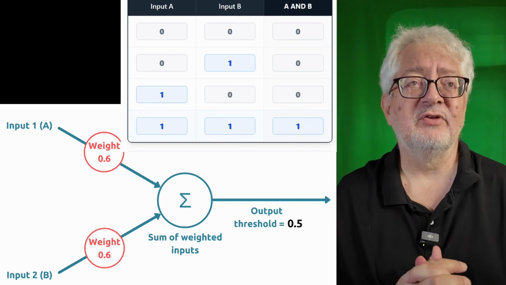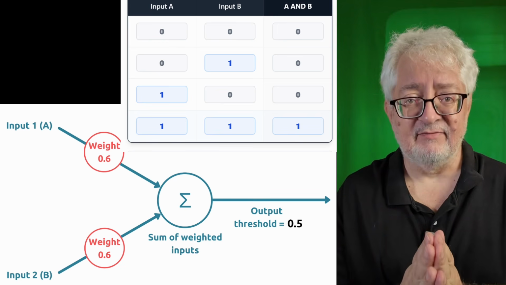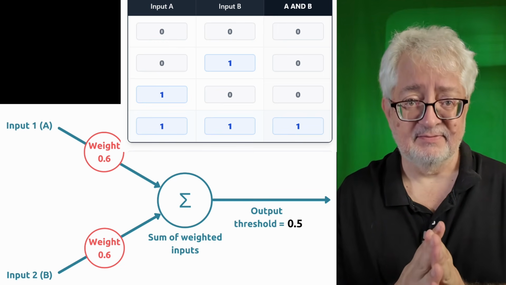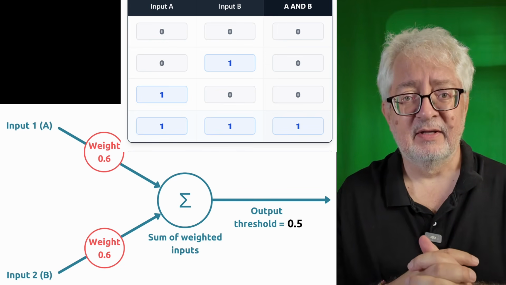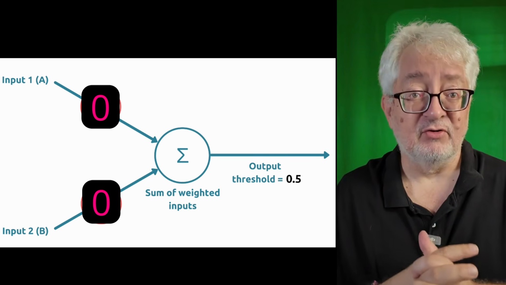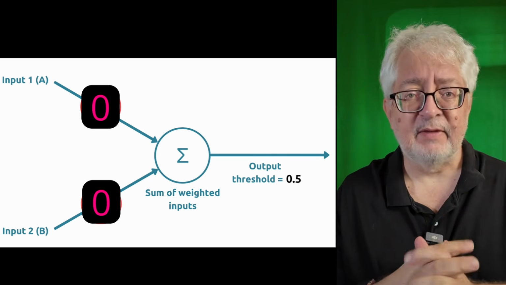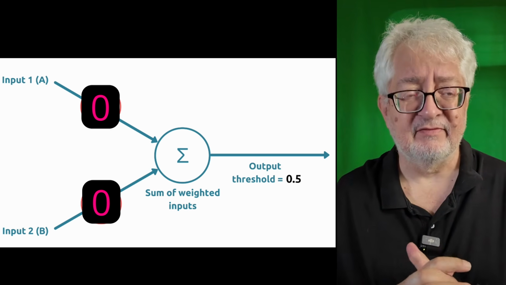Now think about it. How do you do it? If you have something that should only fire on the right side if both inputs are 1. Let's say we put the synaptic weights at 0, both of them, and put the threshold at something halfway, let's say 0.5.